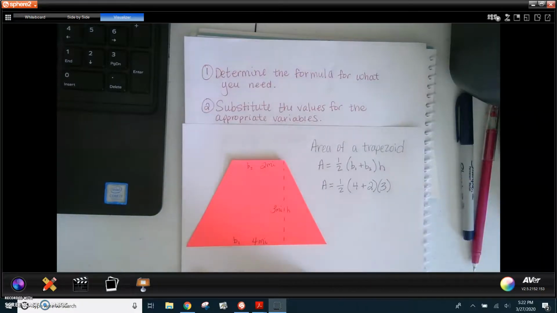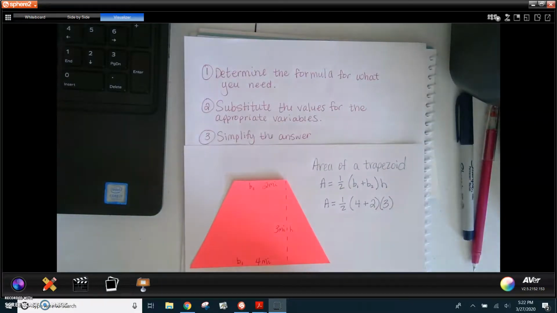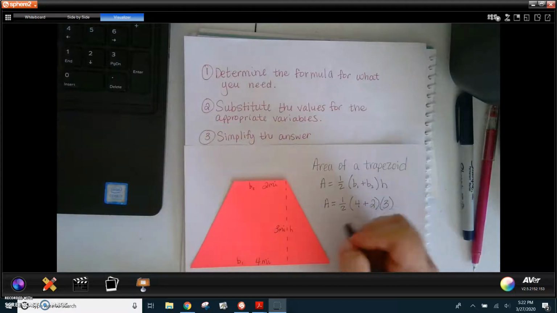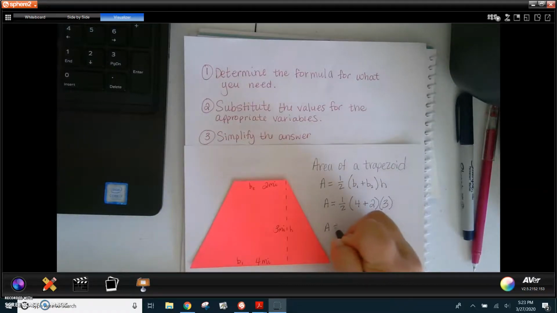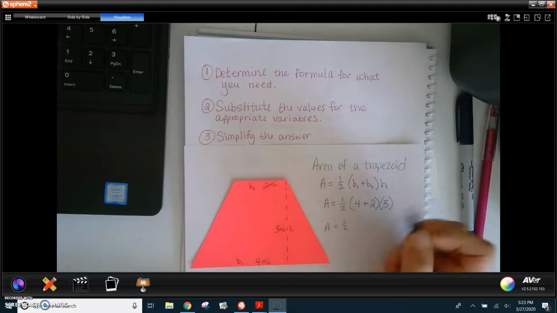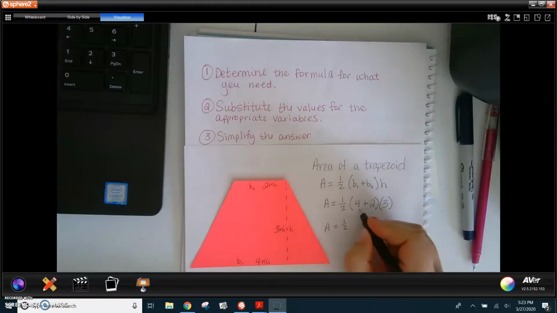Okay, step 3 is to simplify your answer. So we still have area equals 1/2, and I'm going to do what is in the parentheses first. 4 plus 2 is 6, times 3. I still can simplify this more.